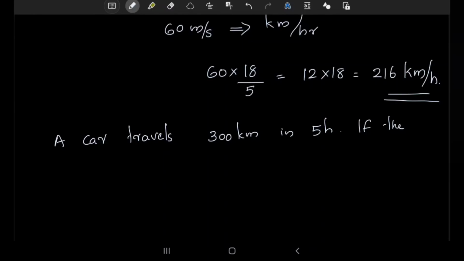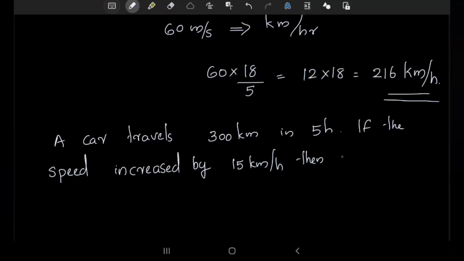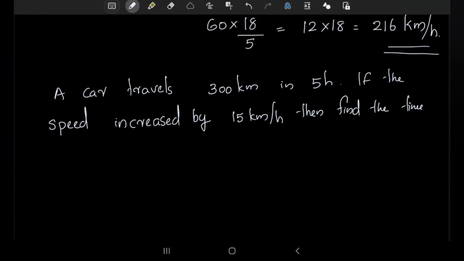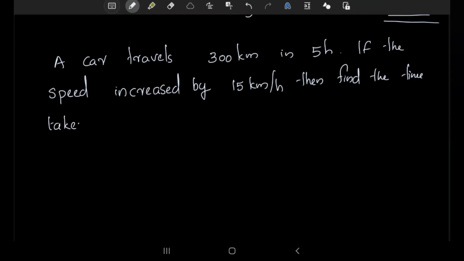If the speed is increased by 15 kilometer per hour, then find the time taken to travel the same distance.